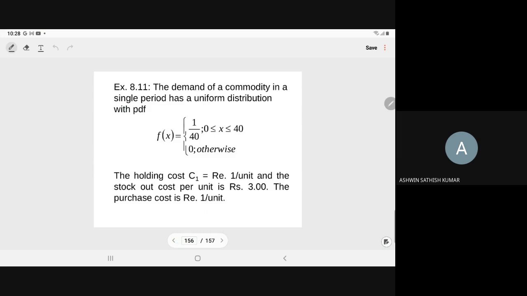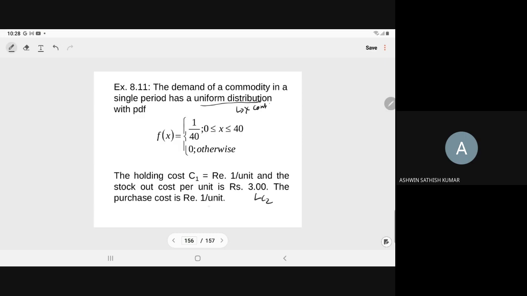So we have this question 8.11. The demand of a commodity in a single period has a uniform distribution. Uniform distribution means X is continuous with PDF 1 upon 40, for x between 0 to 40, and 0 otherwise. The holding cost C1 is rupee 1 and the stock out cost C2 is rupees 3.